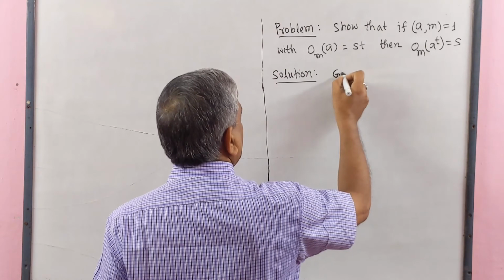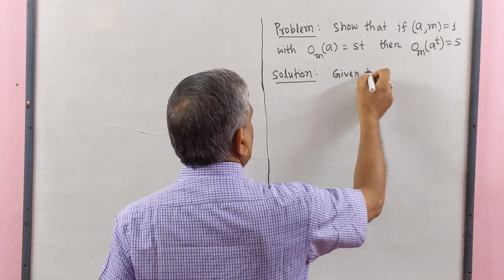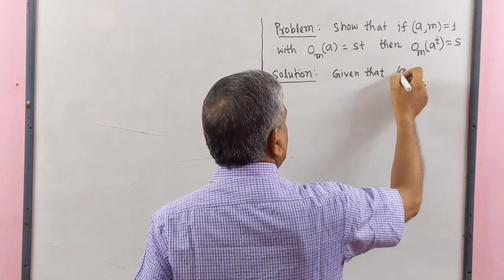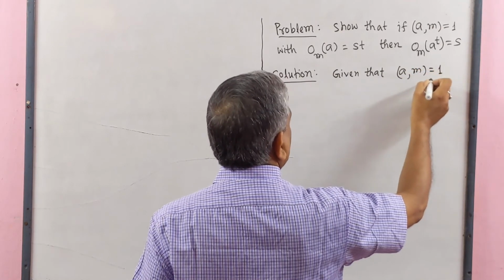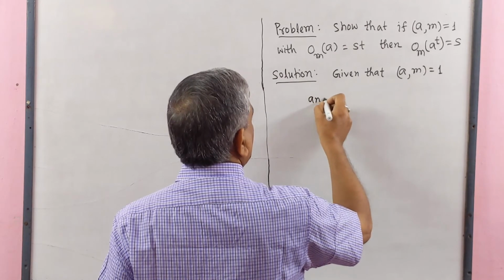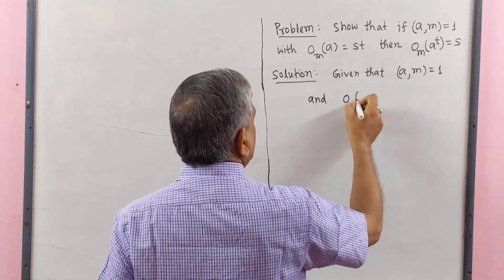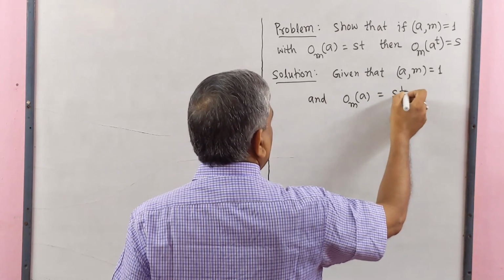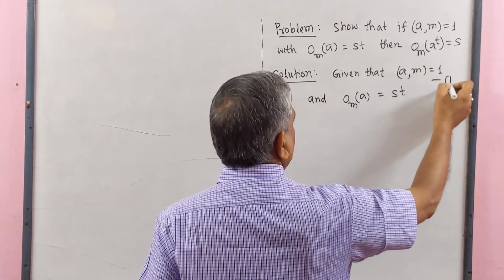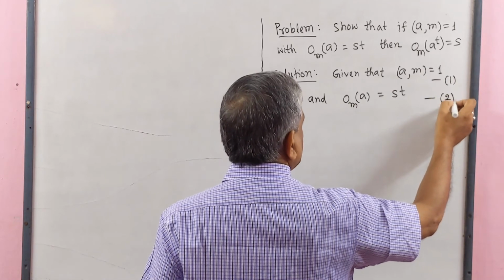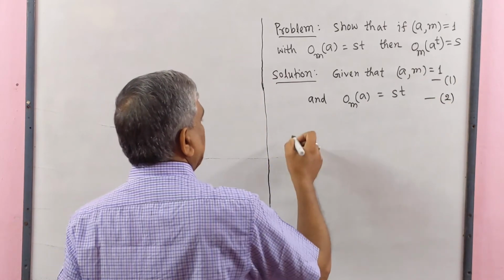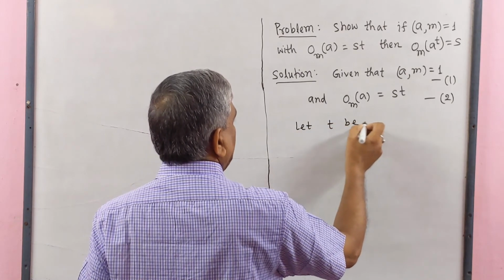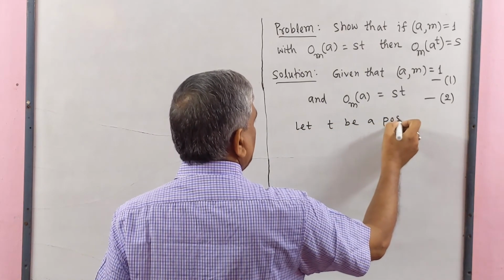Given that GCD of a and m equal to 1 and order of a modulo m equal to st. This is number 1, this is number 2. Let t be a positive integer.